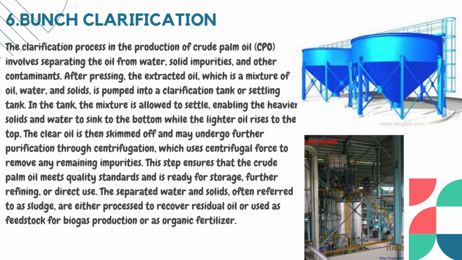The clear oil is then skimmed off and may undergo further purification through centrifugation, which uses centrifugal force to remove any remaining impurities. This step ensures that the crude palm oil meets quality standard and is ready for storage, further refining, or direct use.